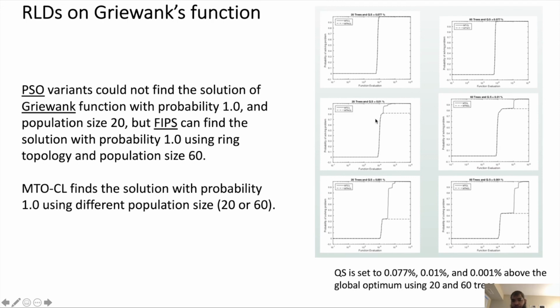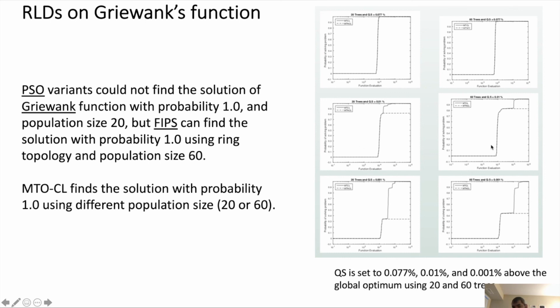This is another one to show that, in the first column on the left-hand side, with different solution qualities, when we increase the solution quality, the stagnation problem for MTO increases, but MTOCL, as we can see, solves the problem with probability 1 in each case.